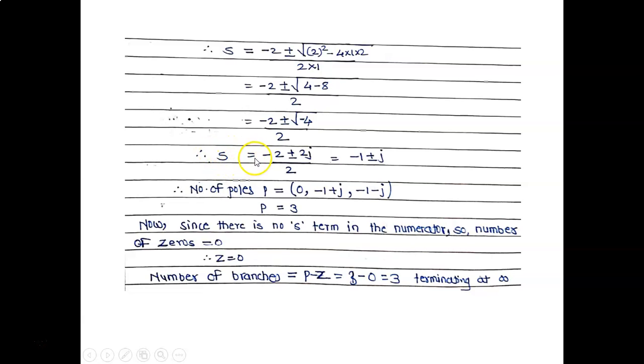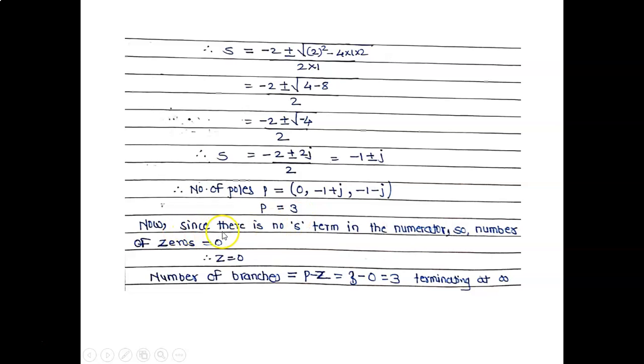Therefore, s is equal to minus 2 plus minus 2j divided by 2, because minus 4 is in the square root. Therefore, s is equal to minus 1 plus minus j. Therefore, poles are 0, minus 1 plus j and minus 1 minus j. Therefore, number of poles P is equal to 3.